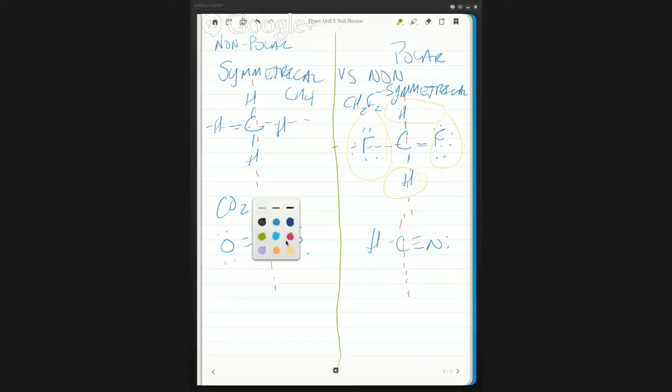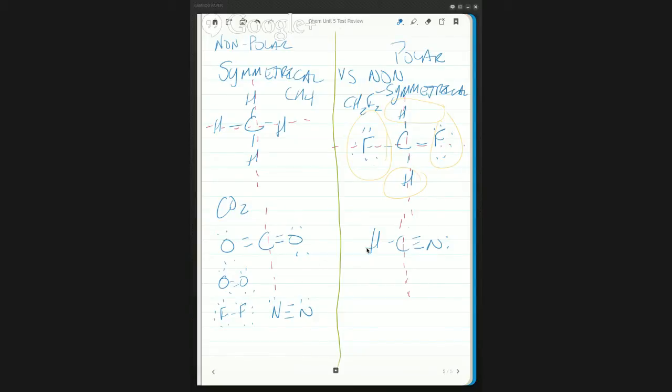Let's say I could also pick any of the diatomic: O double bond O, F single bond F, N triple bond N. Or I could put those on the ends.